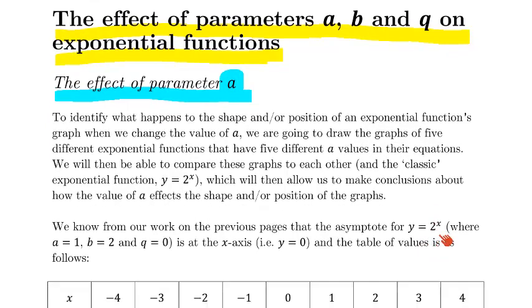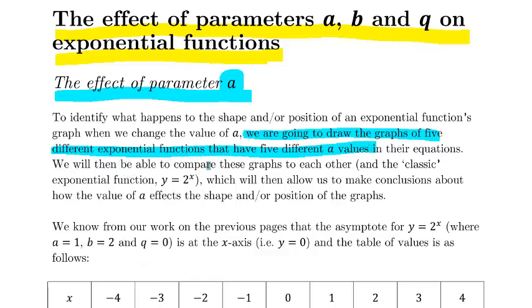So, guys, to identify what happens to the shape and or position of an exponential function's graph when we change the value of a, we're going to draw the graphs of 5 different exponential functions that have 5 different a values. Woo, guys, that is a lot of investigating that we are going to do.